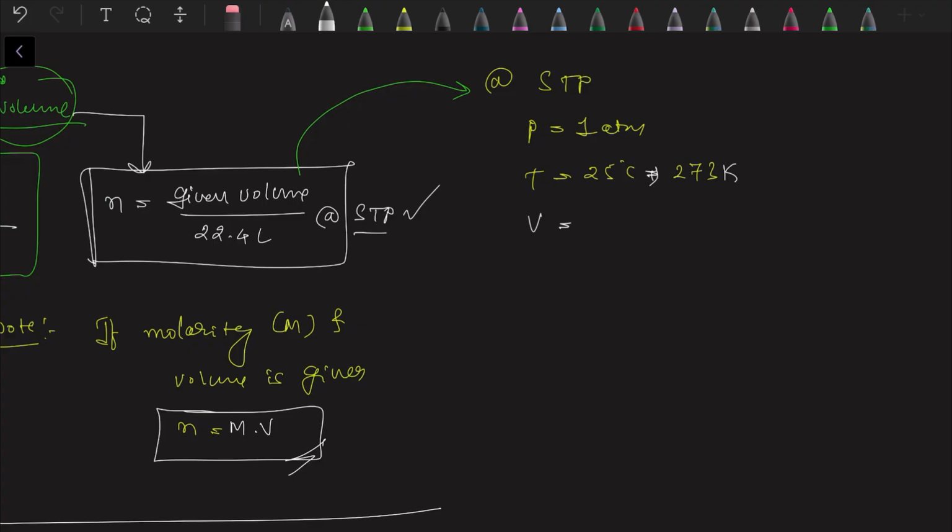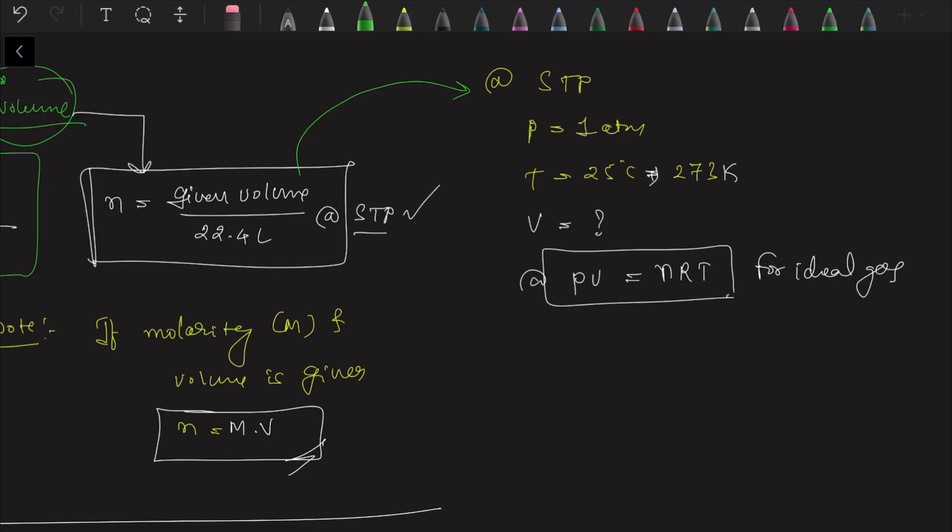Volume is going to be, we have to find out how much volume we have. How to find this out? For an ideal gas we have the formula PV = nRT. Put the formula: pressure we got 1, volume keep as it is, number of moles I am taking as 1, R is nothing but the gas constant, not rate constant.